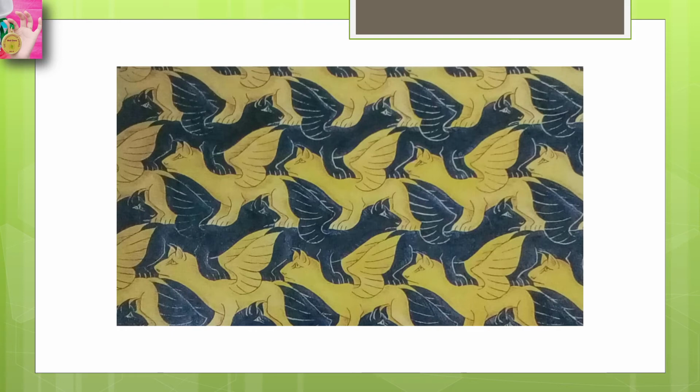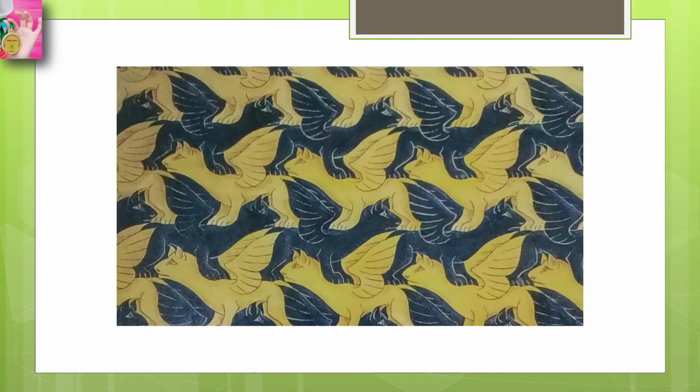The perception of a single image in two different ways is called figure-ground reversal. Figure and ground is a psychological phenomenon. Artists such as M.C. Escher have used the principle of figure-ground reversal to produce some intriguing effects, which you can see in this photograph.